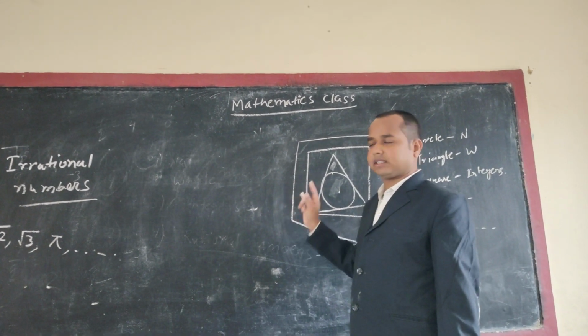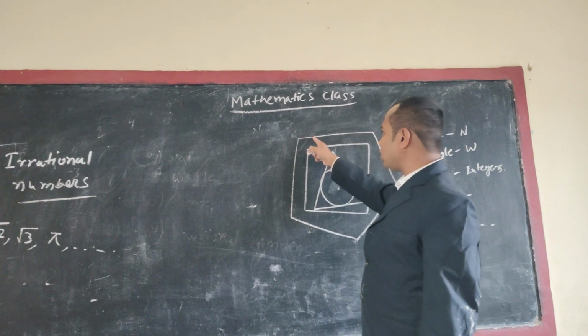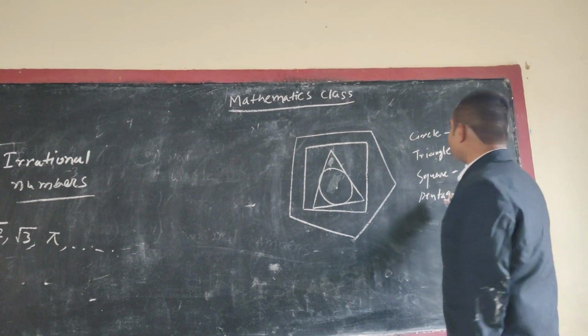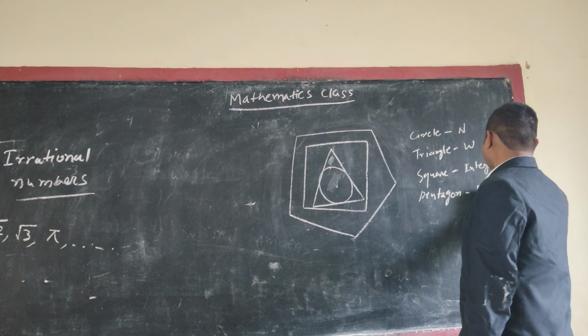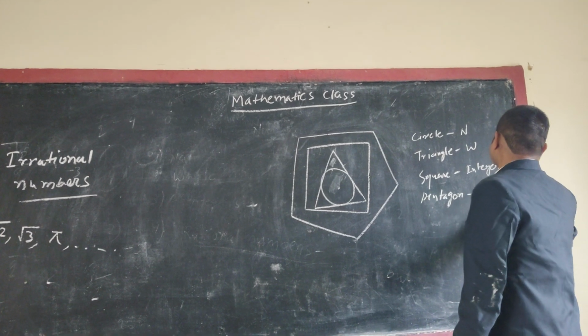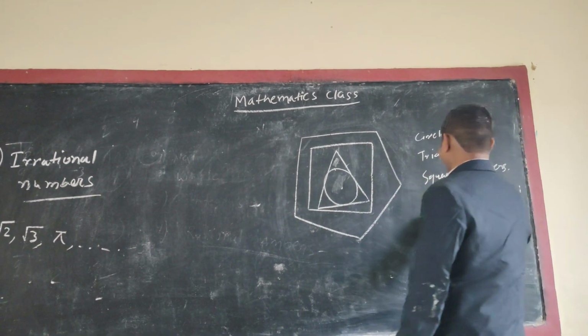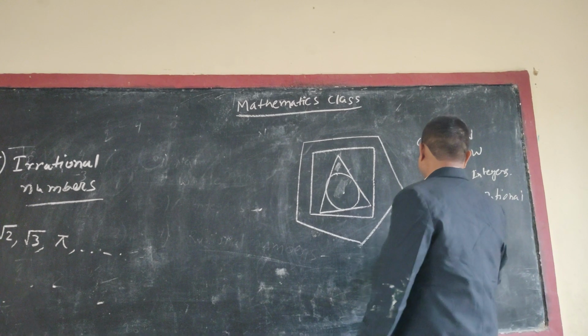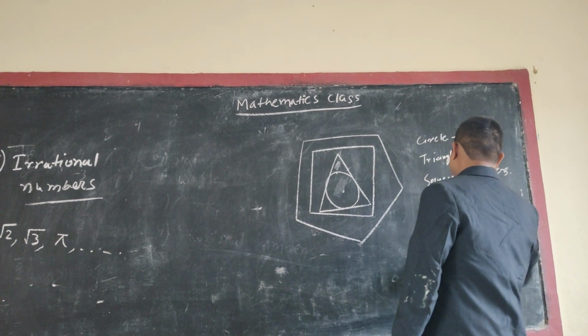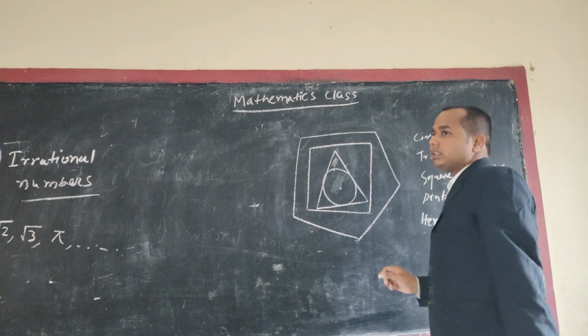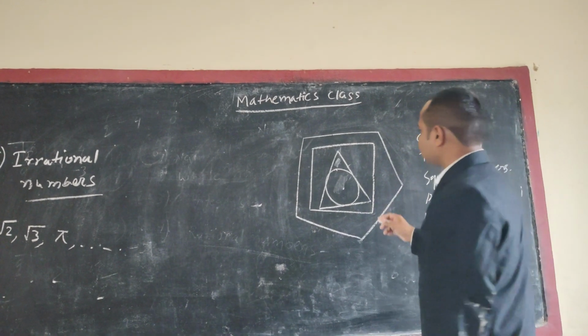The polygon which has 5 sides is called a pentagon. Pentagon represents rational numbers. And then hexagon means the polygon having 6 sides.